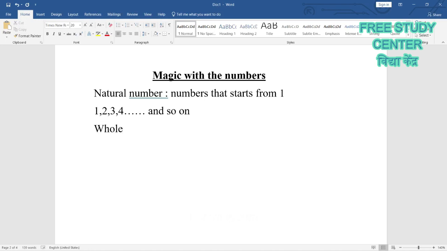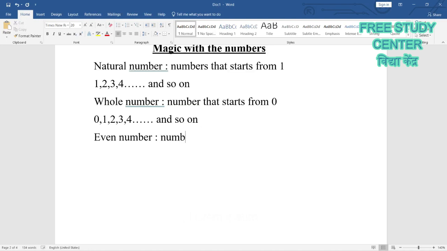Whole numbers are also counting numbers, but this number starts from 0. So if you add 0 to the natural numbers, then it becomes a whole number. Even numbers are completely divisible by 2, like 2, 4, 6, 8, and so on.